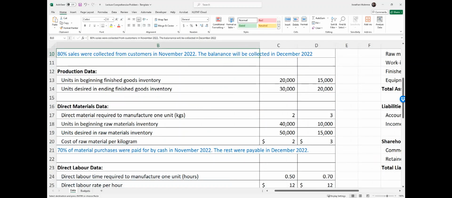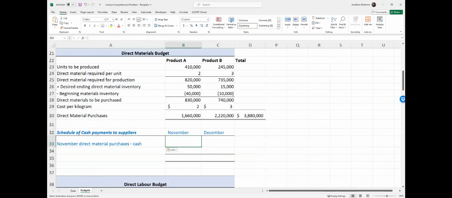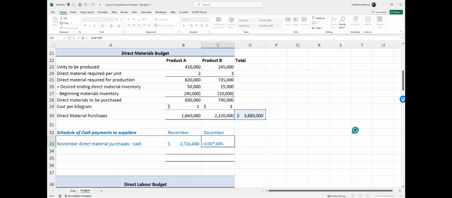We are told that for the direct material, 70% of direct material purchases are paid for in cash in the month in which they're incurred, and the rest are payable in December. So 70% will be paid for in November, and then the 30% will be paid for in December.